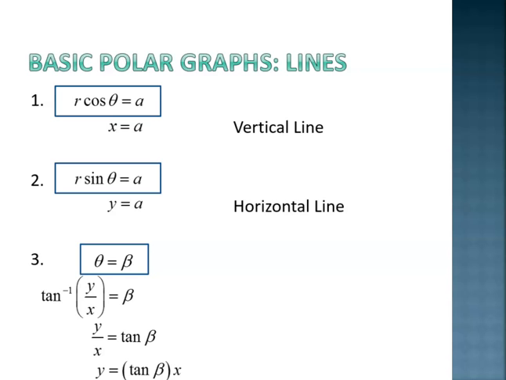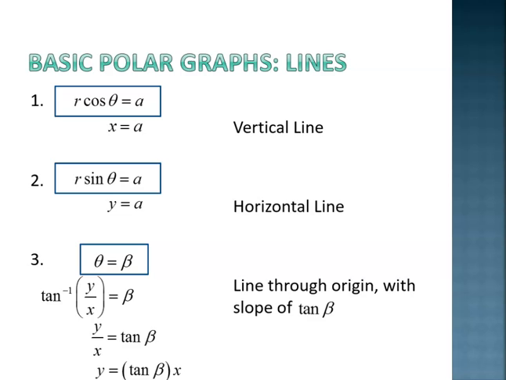Now you might notice this looks like y equals mx plus b without the b, which means that tangent of beta is your slope. There is no plus b, so this must be a line that goes through the origin, or the pole, and it has a slope of tangent beta.